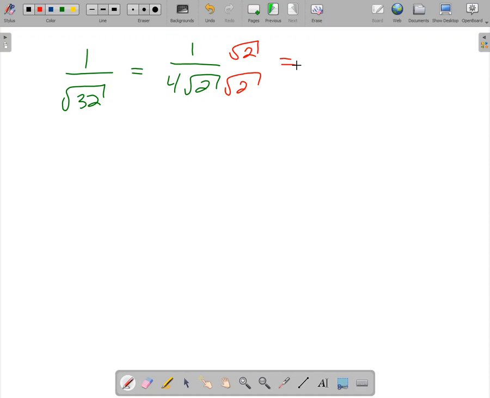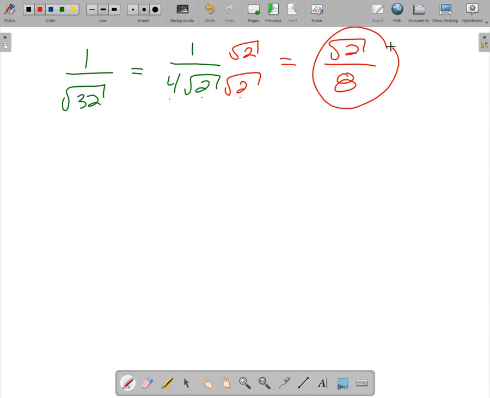In the top, I have the square root of 2. In the bottom, what happens if I take the square root of 2 times the square root of 2? I get 2 times 4, 8. So that should be the reduced answer right there.